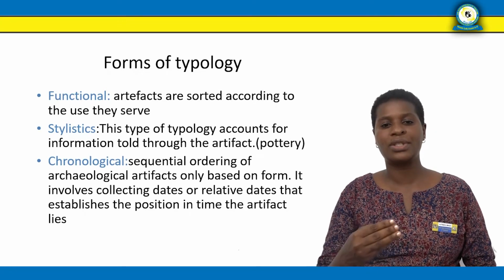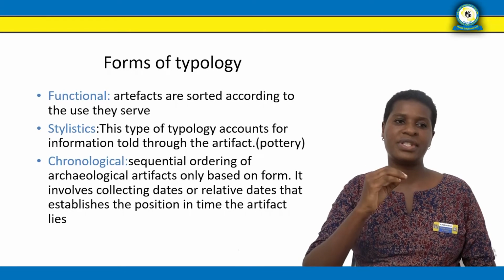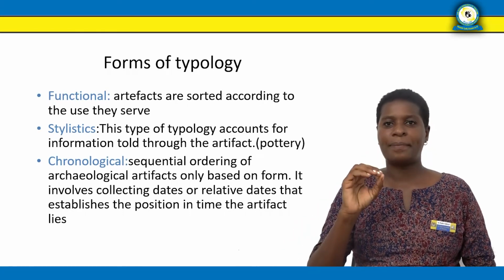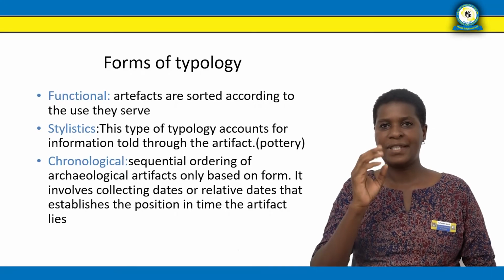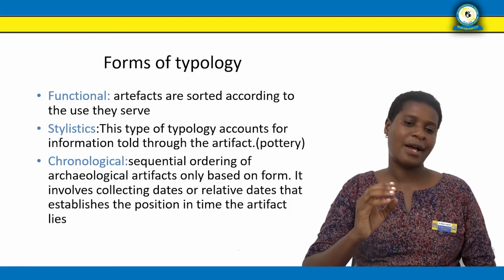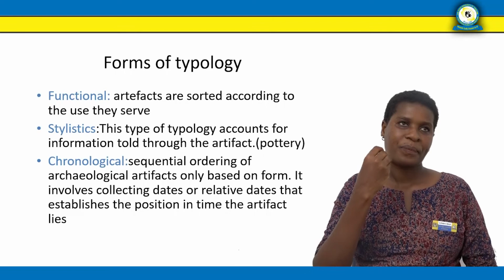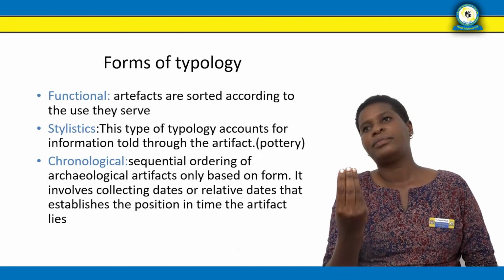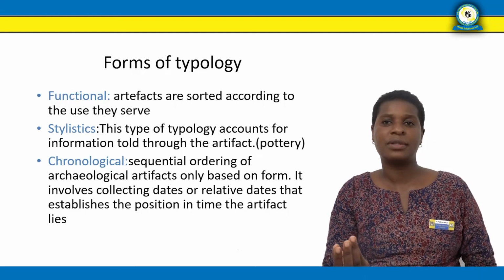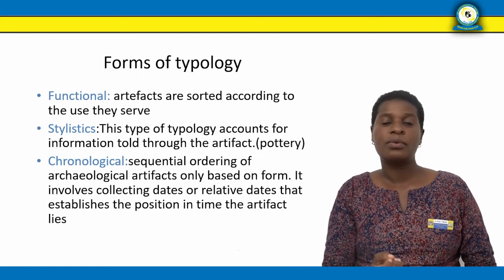When we say chronological typology, it is the kind of classification which is done with regard to the time frame of those materials. As we said, when you are excavating, you go layer by layer, and there are some laws which are applied, like the superposition law or the association law.